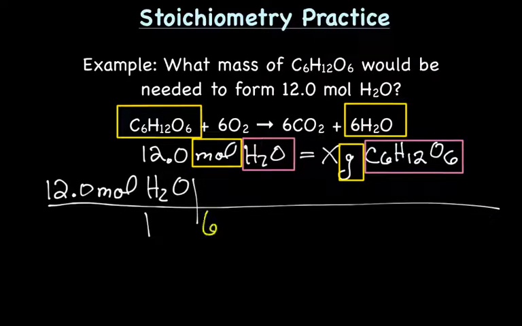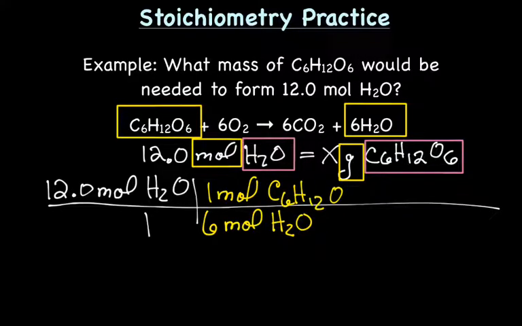So we're going to have 6 mole H2O on the bottom, and on the top is going to go 1 mole C6H12O6. Let's make sure our units cross out. We're at mole H2O, and we're left at mole C6H12O6, right? So we've now changed from H2O, and we're now at our glucose.